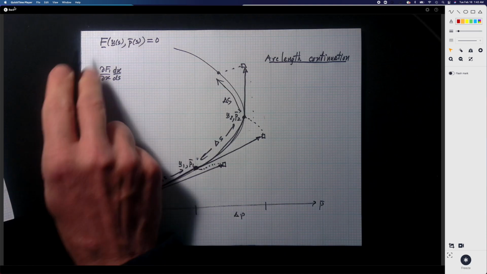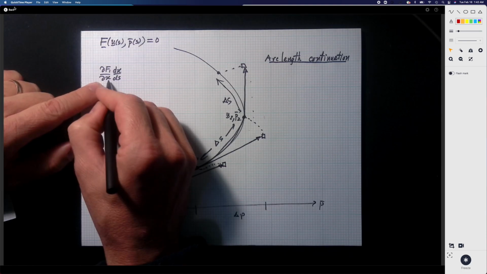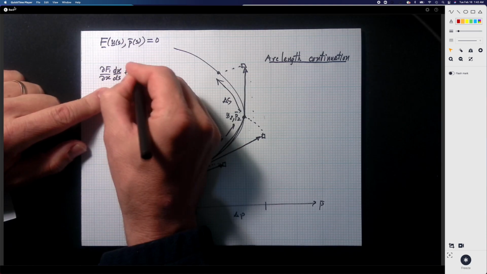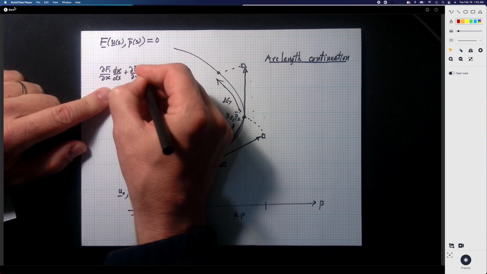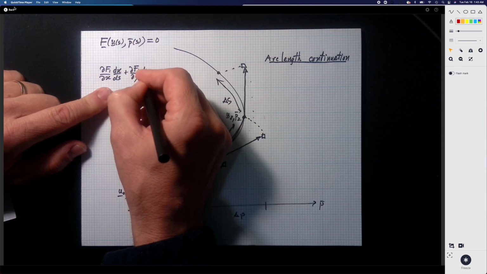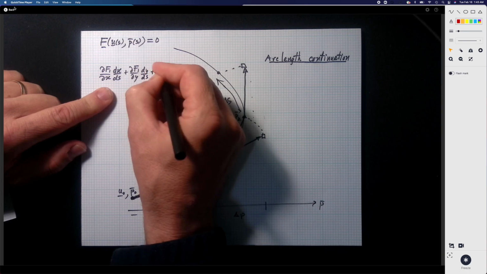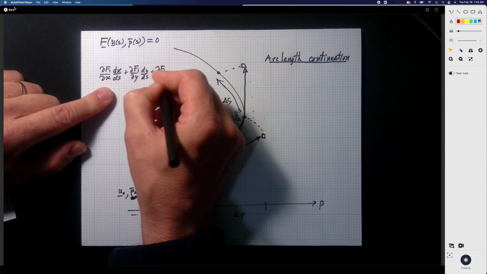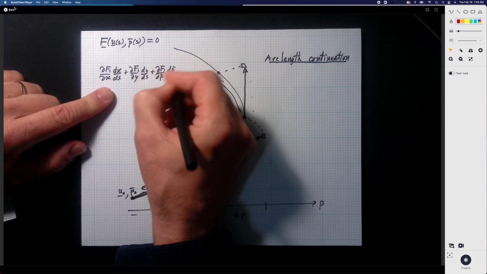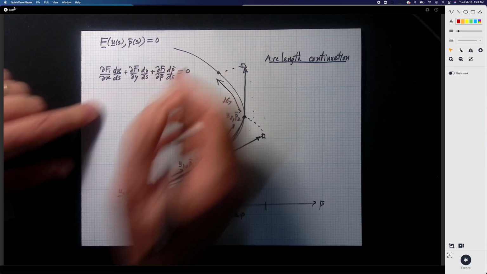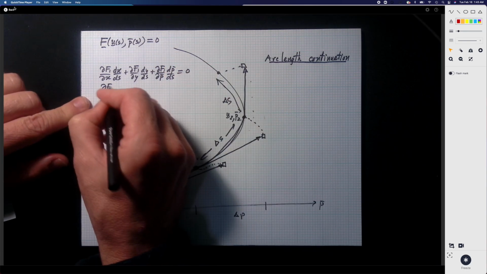And if I take the derivative of this with respect to s, I get df1 dx dx ds plus df1 dy dy ds plus df1 dp bar dp bar ds equals 0. And same thing for the second equation.